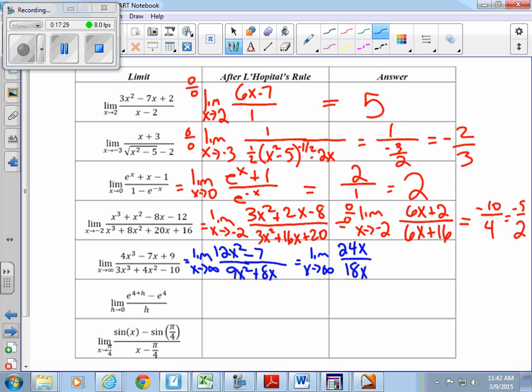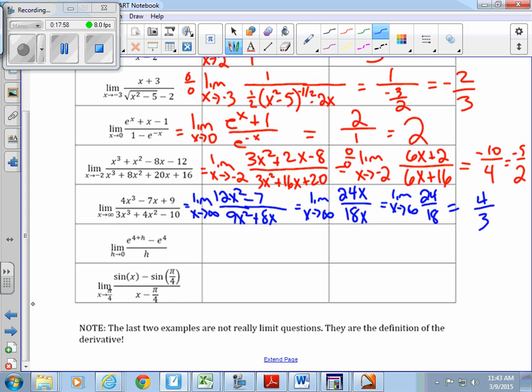At some point, you probably see the answer, but hey, if you want to do the derivative one more time, 24/18, which is 4/3. Again, this is a case where L'Hopital's rule is a big waste of your time, but it does work on infinity over infinities. If you came to an infinity over infinity that you forgot, maybe one that involved a negative or something like that.